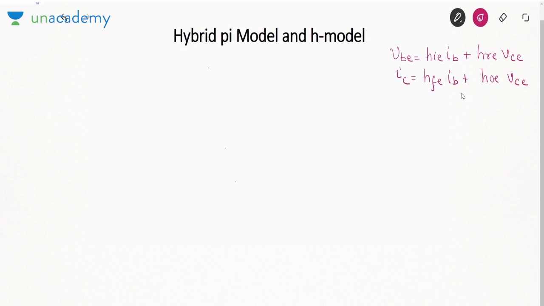So the next parameter that I'll try and use is your hre. So how will you find out hre? hre is nothing but VBE over VCE when IB is 0. So let me redraw the circuit here, the circuit of the Giacoletto model without capacitances.